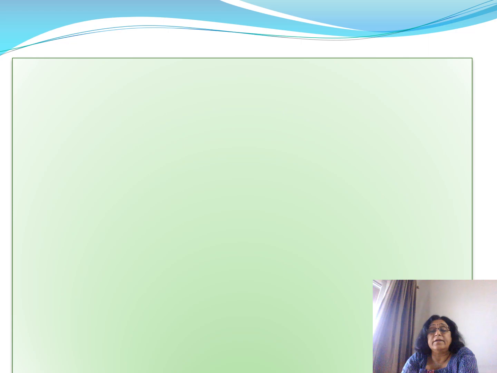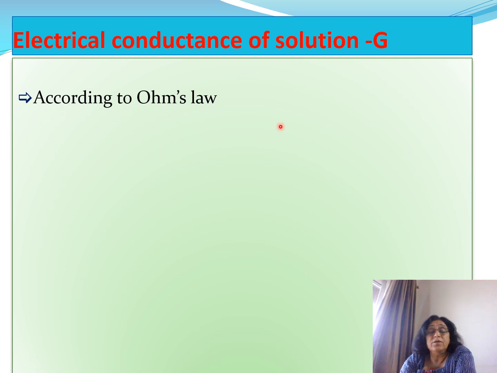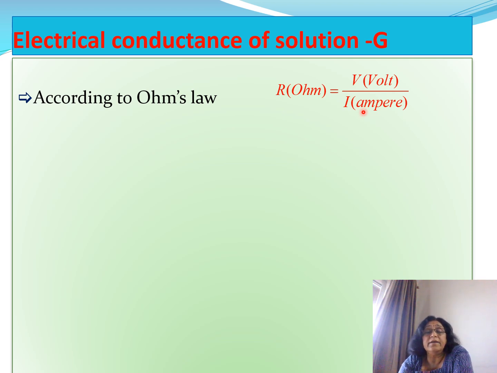Now electrical conductance. What is conductance? Conductance is represented by G and it is the ease of flow of current. Okay. So according to Ohm's law, R is equal to V upon I. This we already know. The unit of V, voltage, is volt and I is the current, whose unit is ampere. So volt per ampere is the unit of R, resistance, which is ohm.